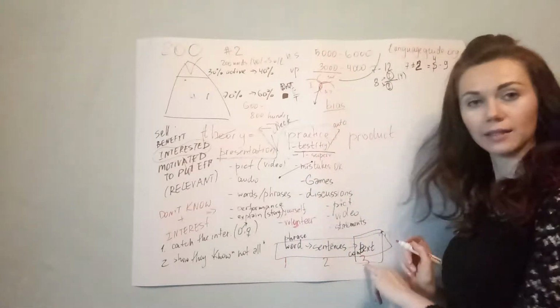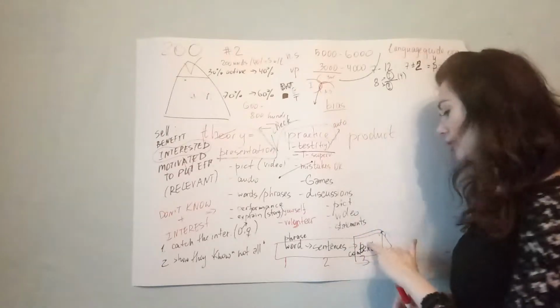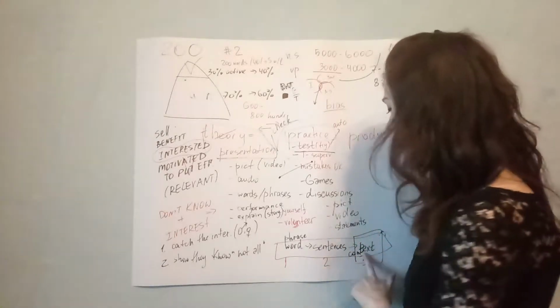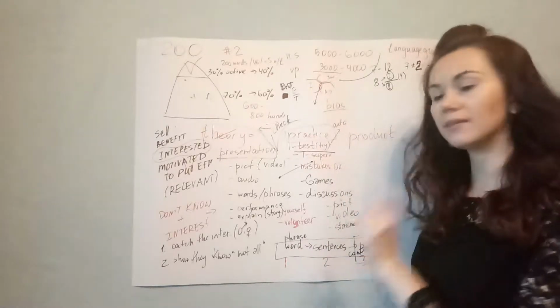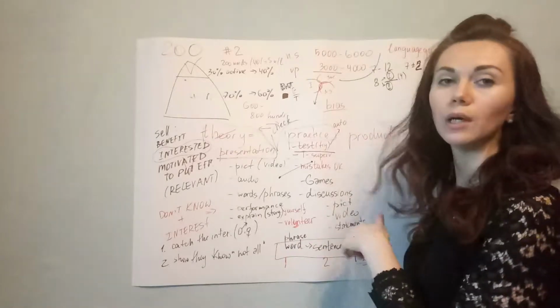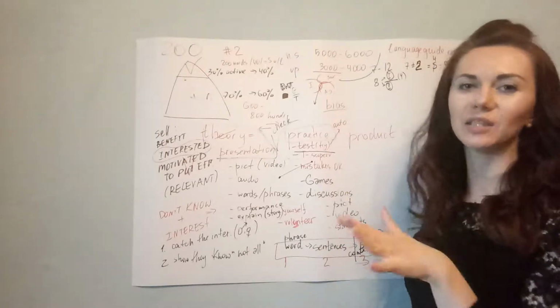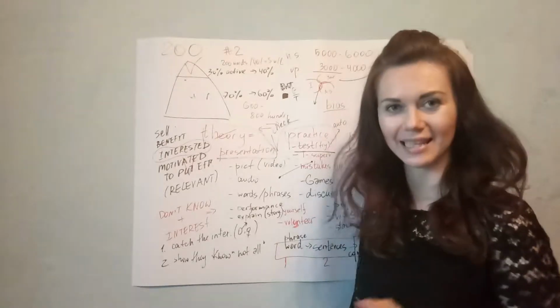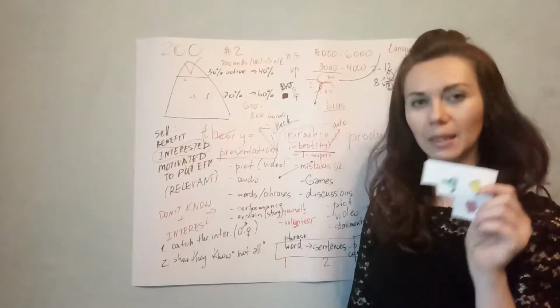So if you see that this task is aimed at stage 3 of practice, you need to create by yourself maybe some very basic activities to make your students go through stage 1 and 2, helping them work out the vocabulary, which can be an extremely easy way to do it. As I said, you just say it in Russian or you show the picture and your students have to name it.